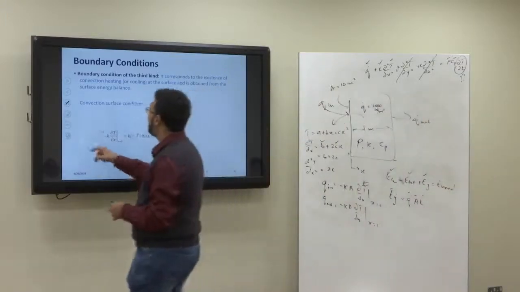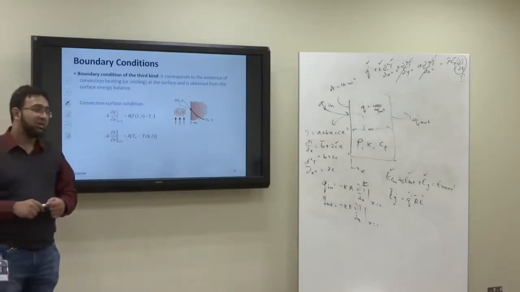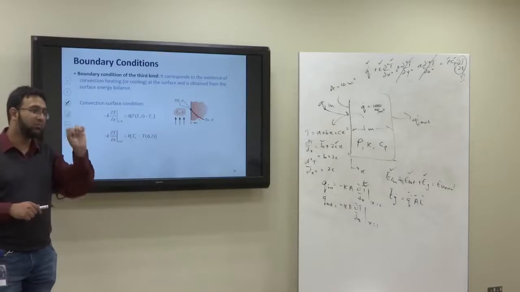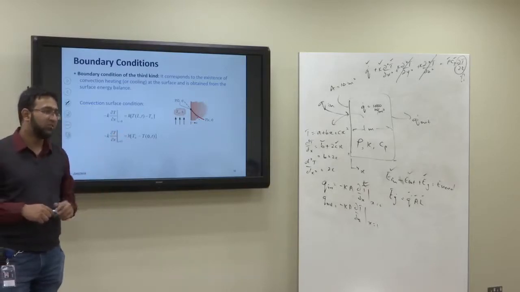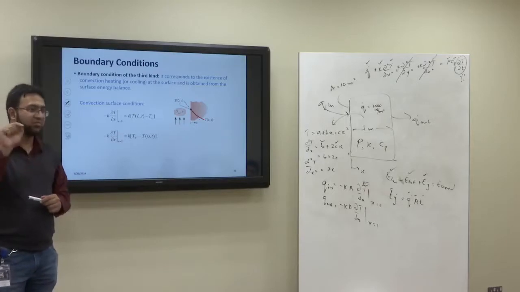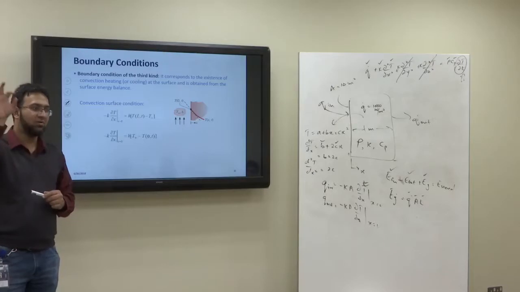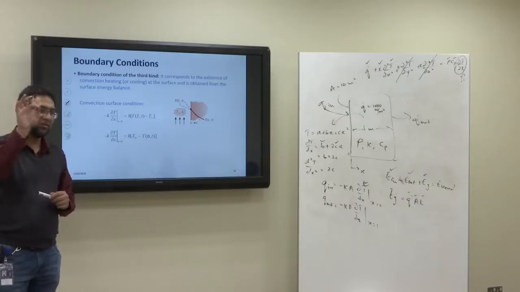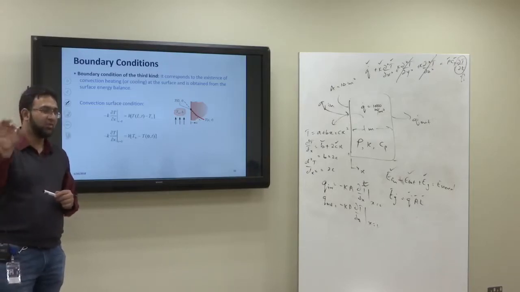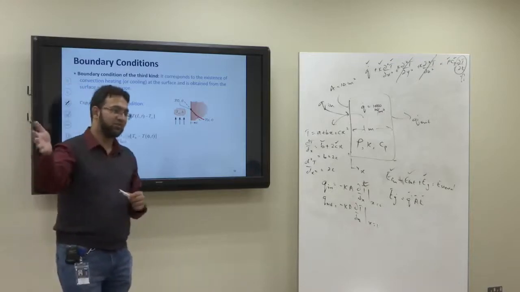They were given in the final exam a short question for 2 marks: write down the name of the boundary condition and just explain. They had to write Dirichlet condition, Neumann condition, boundary condition of the third kind. In brackets they write Dirichlet means temperature known, Neumann means heat flux known, and third kind means heat conducted equals heat convected.